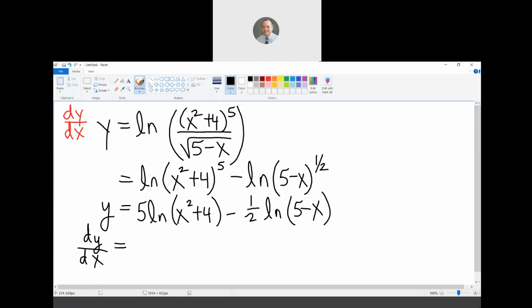Now to take the derivative of a natural log of any function besides x, we immediately put 1 over our given function. And I'm just going to put this 5 in the numerator.